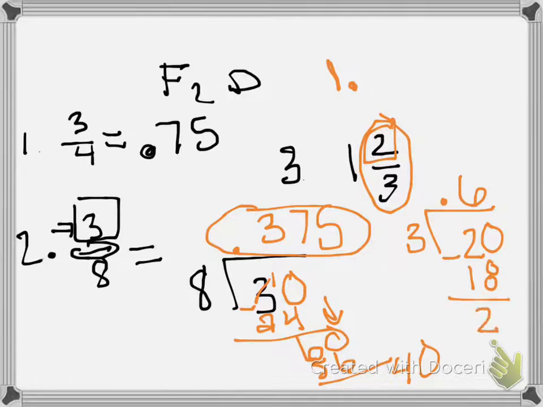We subtract. We have a 2. Bring it down. I'm starting to see a pattern. 3 goes into 20 6 times. So we know this is going to be repeating. So 2/3 as a decimal is 0.6 repeating.